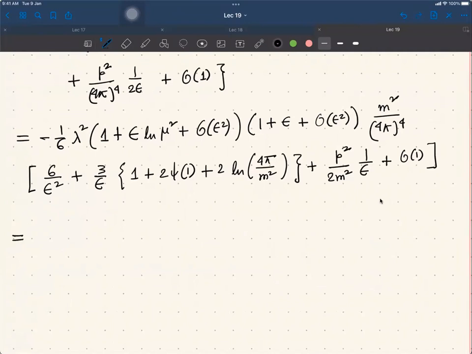This can further be written as λ square m square by 4π to the power 4, 1 plus epsilon log μ square.